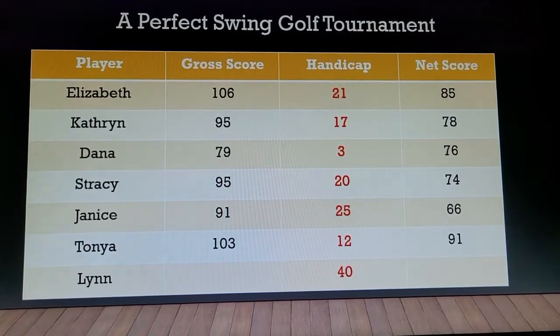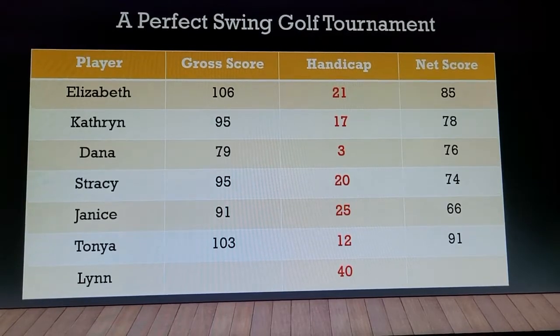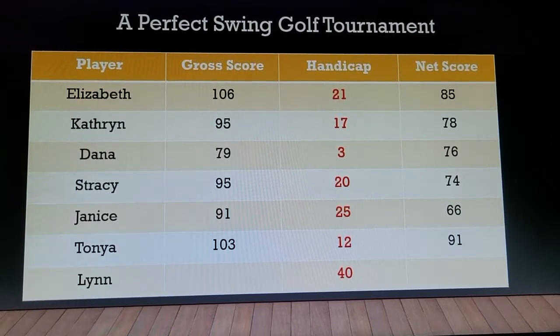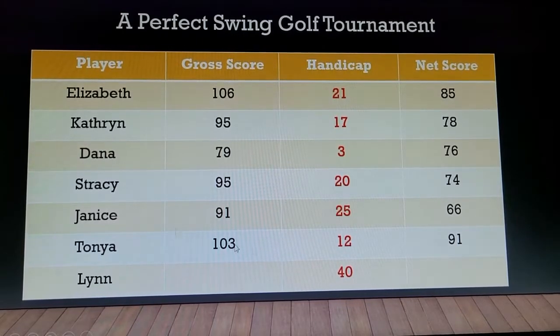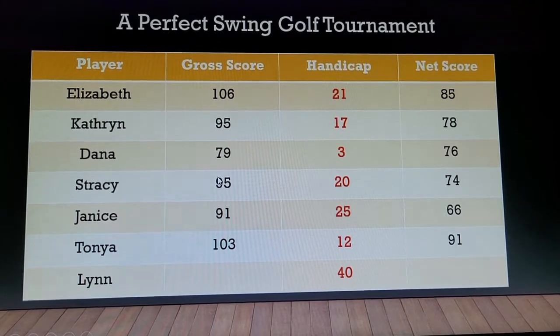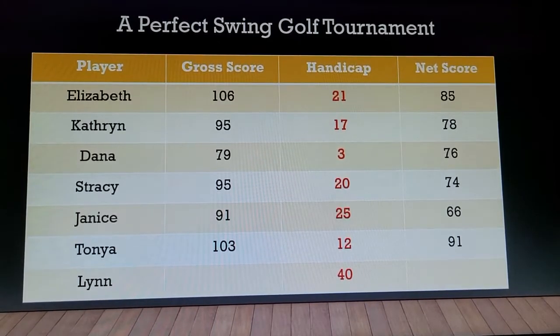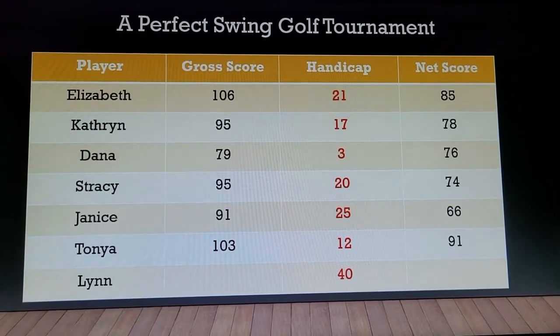So what you'll find here is that we have the Perfect Swing Golf Tournament women's outing. In the first column, you'll find the player's name, then their gross score, which is the total strokes that they took playing this particular round. This does not include any handicap strokes, okay? And then we have the course handicap.